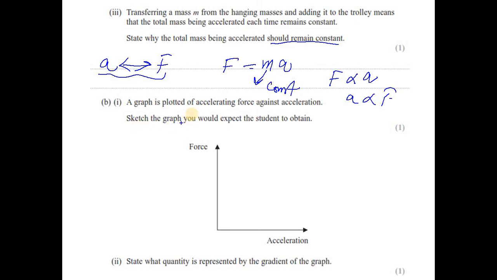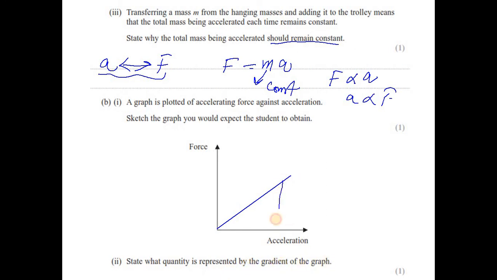A graph is plotted for accelerating force against acceleration. Sketch the graph you would expect the student to obtain. Because we have a direct relation, we can expect a graph of force against acceleration to be a straight line. And part 2: state what quantity is represented by the gradient of the graph.